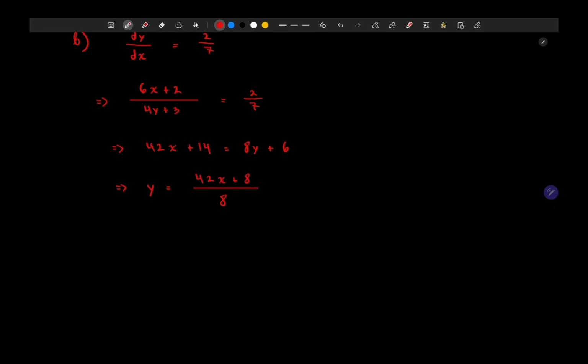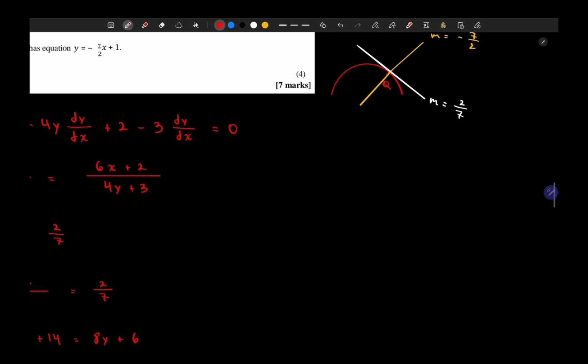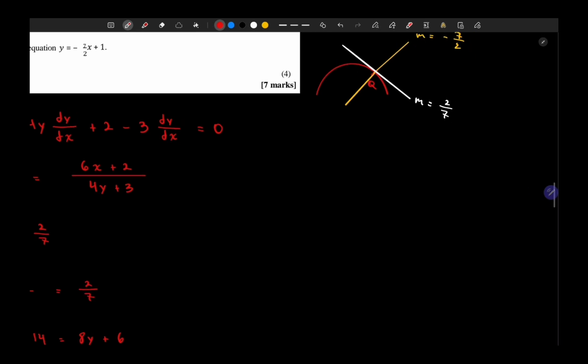Now this is the y coordinate of point Q, which means that if I substitute the y coordinate of point Q into this equation, because this point Q lies on both the normal and the tangent, I can say that negative 7/2 x plus 1 is equals to 42x plus 8 divided by 8.